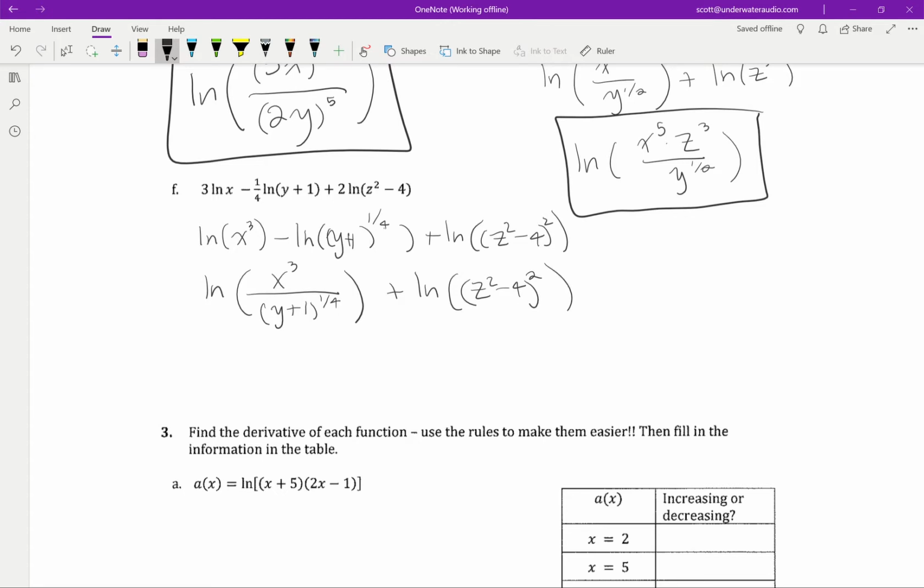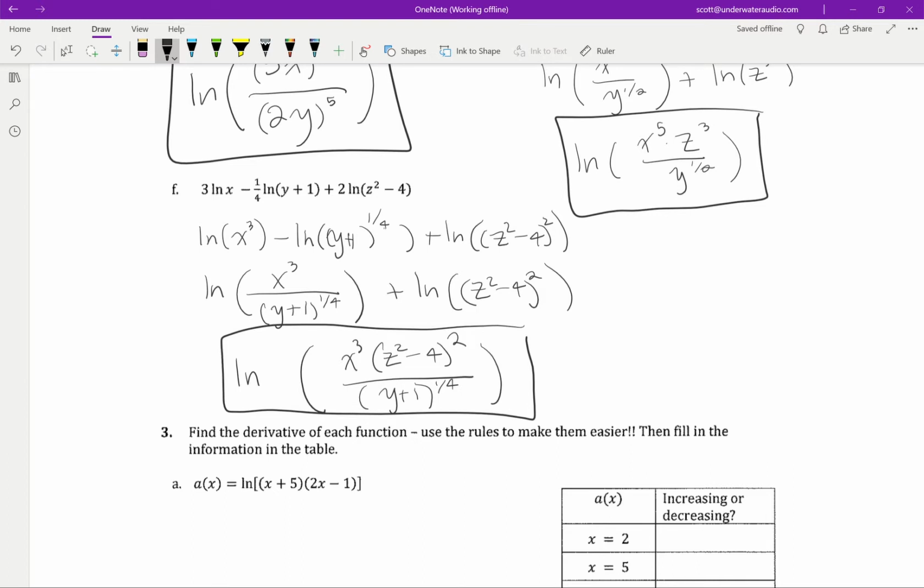And then these final two will combine by multiplication. Natural log of x cubed times z squared minus 4 squared all over y plus 1 to the 1/4. Cool.